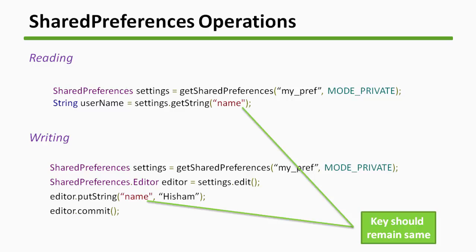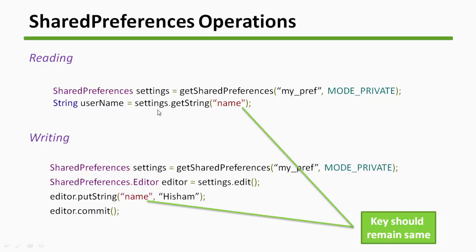Okay, so now the operations, reading and writing. Basically you will be reading and writing into a shared preference file. This is really simple. For reading a shared preference, what you have to write: SharedPreferences settings = getSharedPreferences, mention your file name, and MODE_PRIVATE. It is the mode in which you are saving your file.